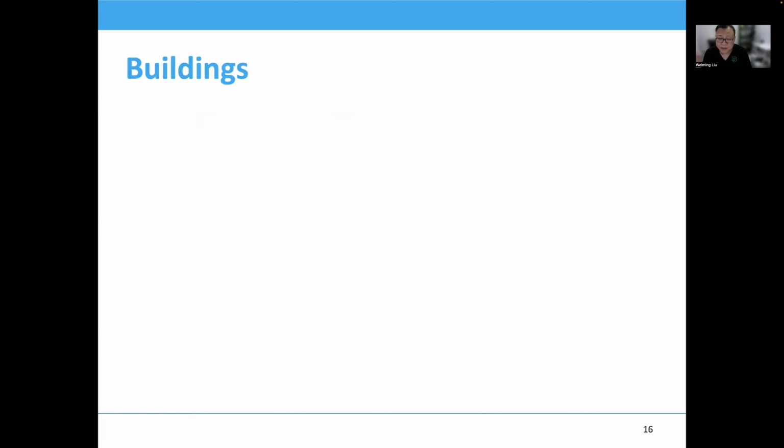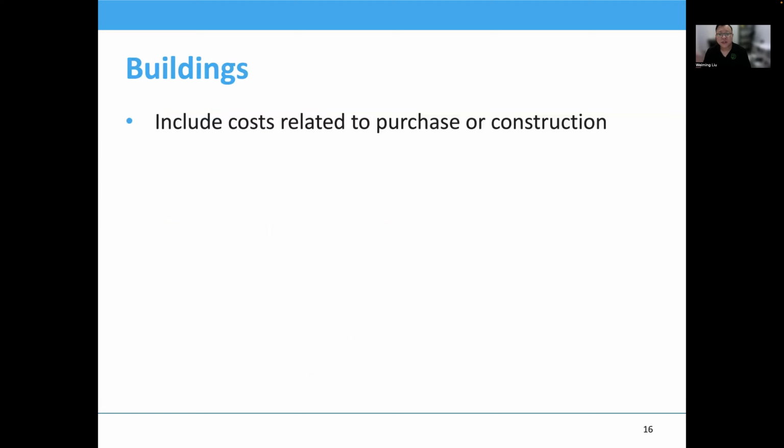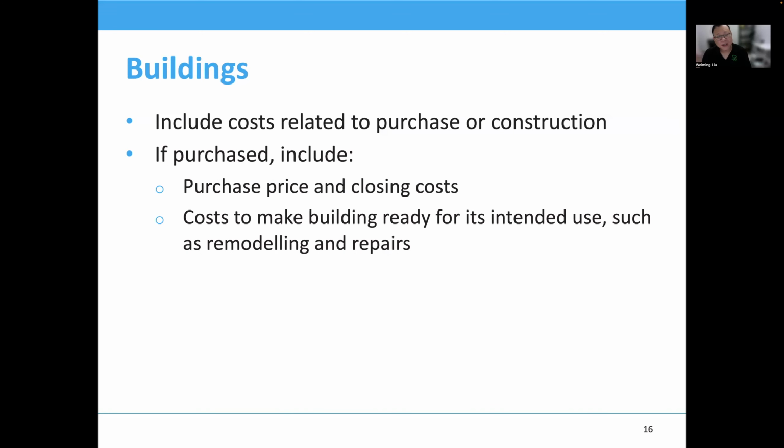And the buildings. You could purchase a building, or you could construct a new building. If you purchase a building, you pay the purchase price, you pay the legal fee, and you need to get the building ready for use, such as remodeling and repair.